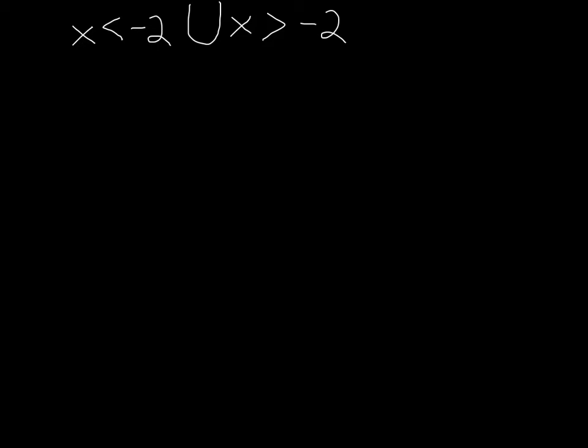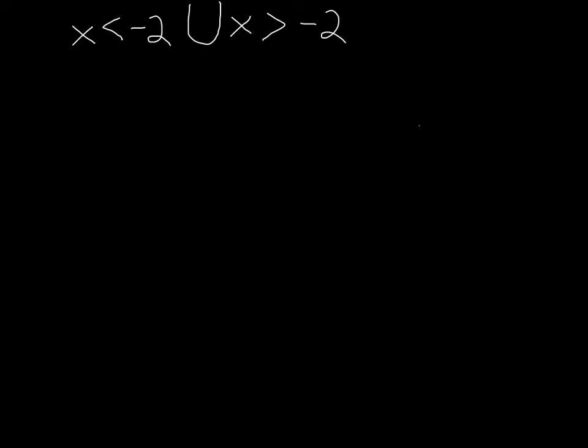There's no way to say, for example, how would we do this? Negative 2 is greater than x is greater than negative 2. No, that's not quite right, because that doesn't really make any sense. We can't do that.